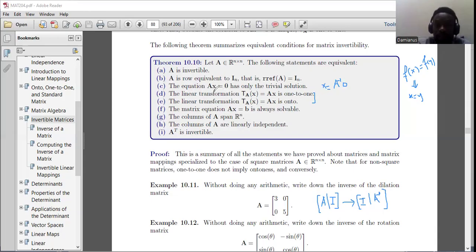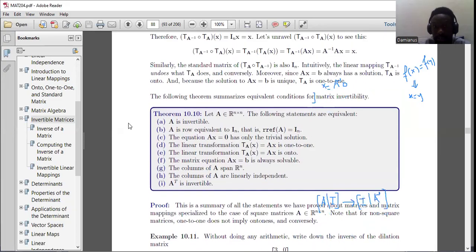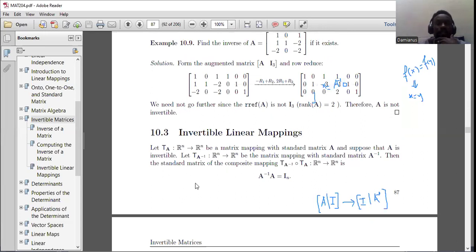Let me translate this again a little bit here, and likewise for onto. Allow me to go up again to illustrate this, because this is an important factor of what I wanted to illustrate and the kind of result or question I would ask you. So you see, T is a linear transformation from Rn to Rn.